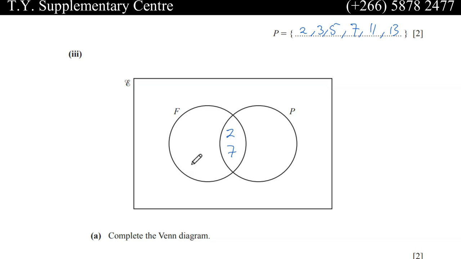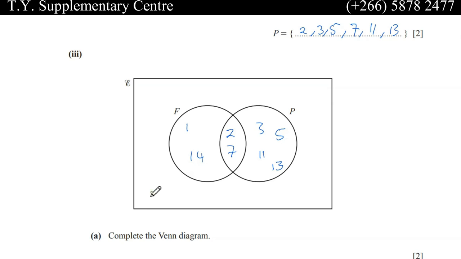And then in this area will be the rest of the other elements in set F, and in this area here will be the rest of the elements in set P excluding 2 and 7, meaning for set F we'll have 1 and 14 here, and then for set P in this region we'll get 3, 5, 11 and 13. And then every other element which was in the universal set will come outside here.